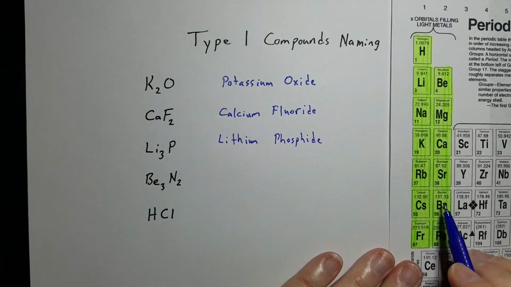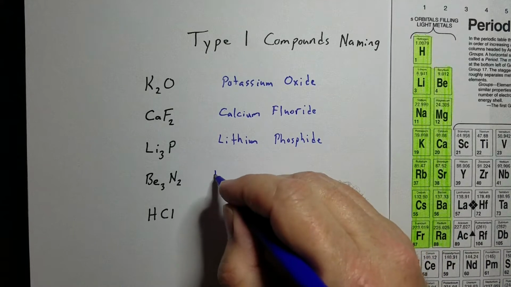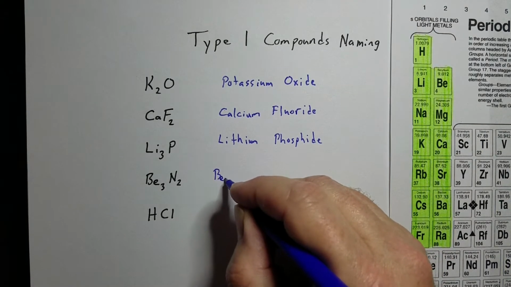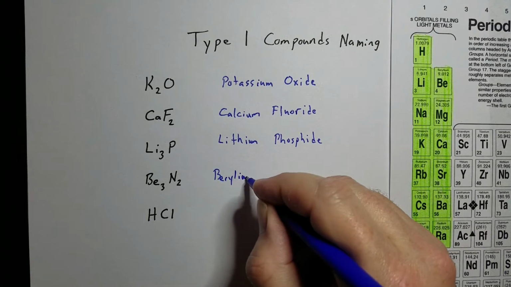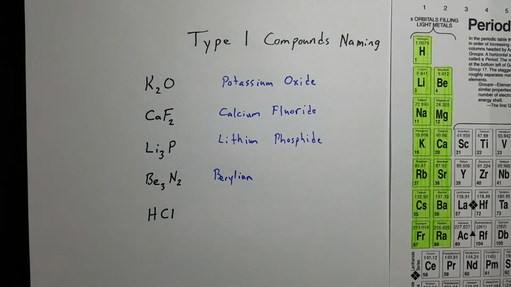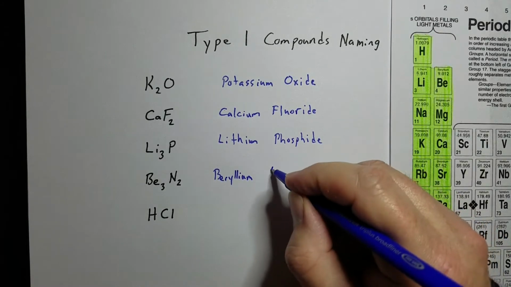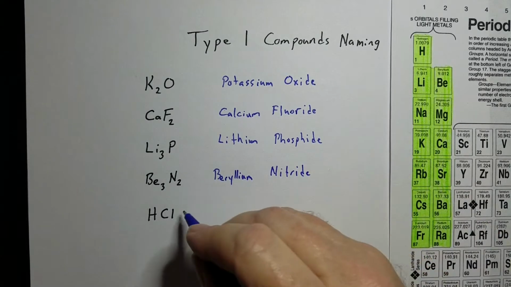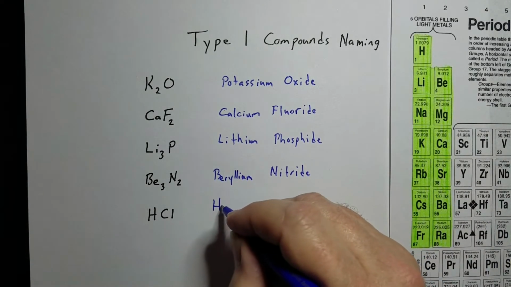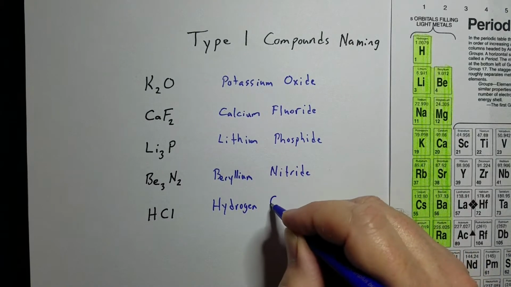BE, where is that? Beryllium. Nitride. And this one, hydrogen. Chloride.